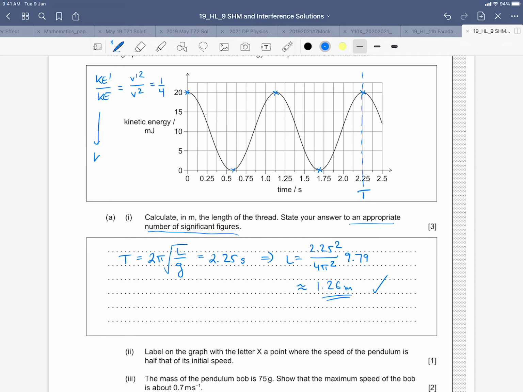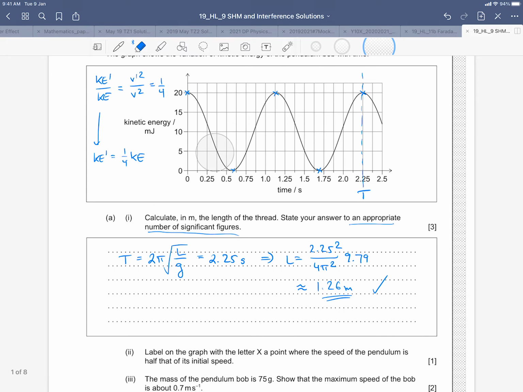So the kinetic energy, when it has half its initial speed, is 1/4 of its initial kinetic energy. And since it's 20, well then we are looking at the point here, which is 5 millijoules. That's X.